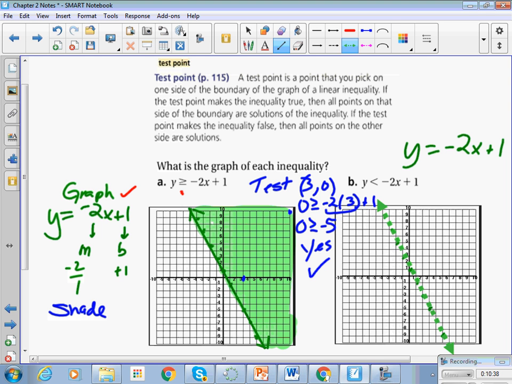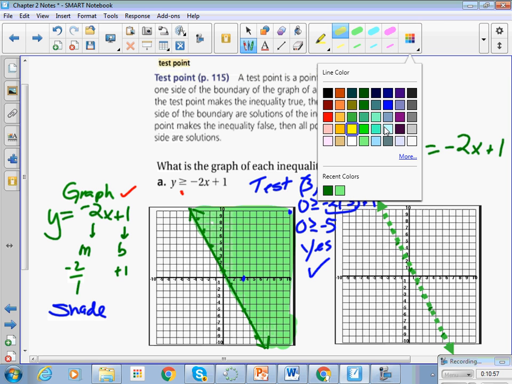Okay, so we have to evaluate, are we going to shade above this line or below this line? If you look at the inequality, I want y values that are less than our line. So I'm going to grab my highlighter. We'll make this a nice shady orange.